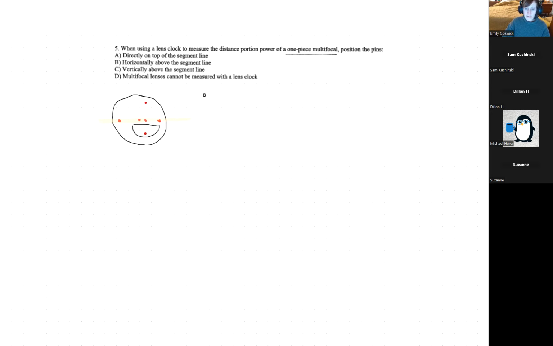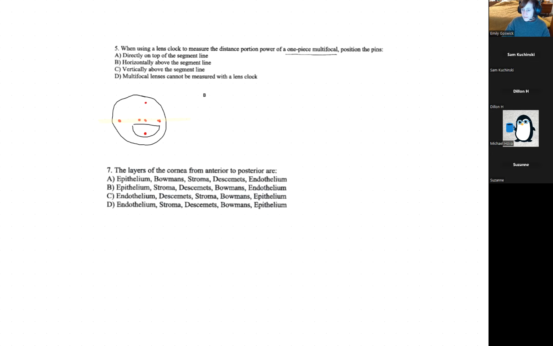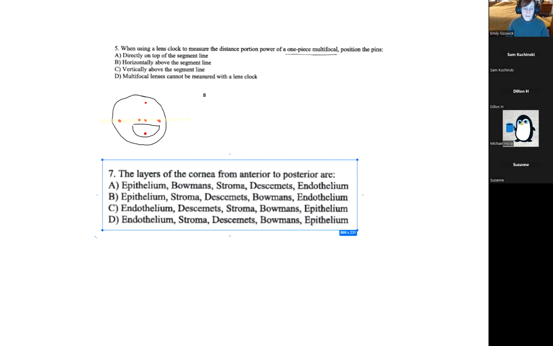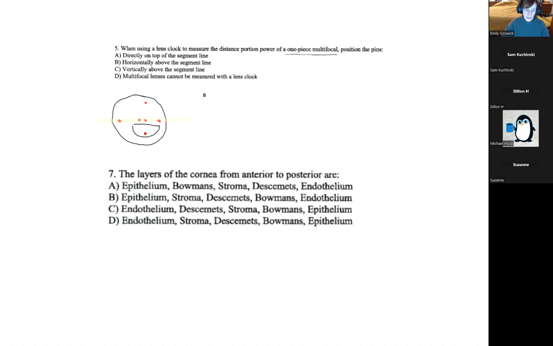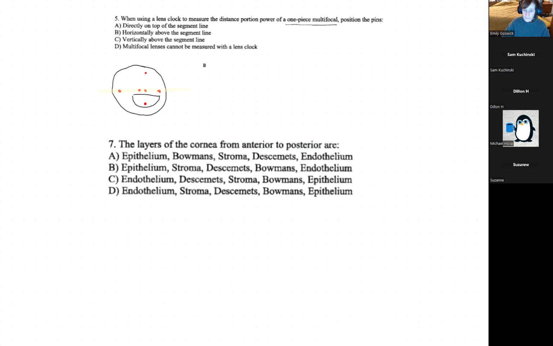But it asks about the layers of the cornea, and would go back to our first class, well, I guess the first real class. So I'm just gonna put in the layers one more time.